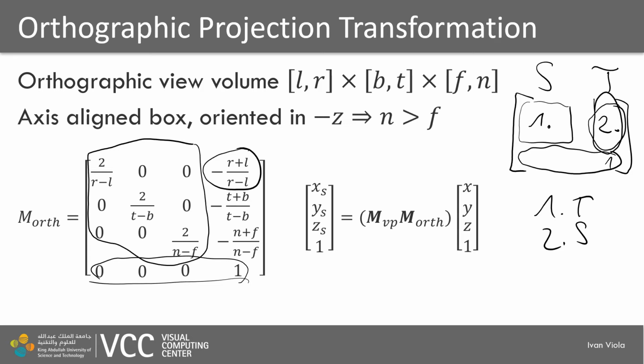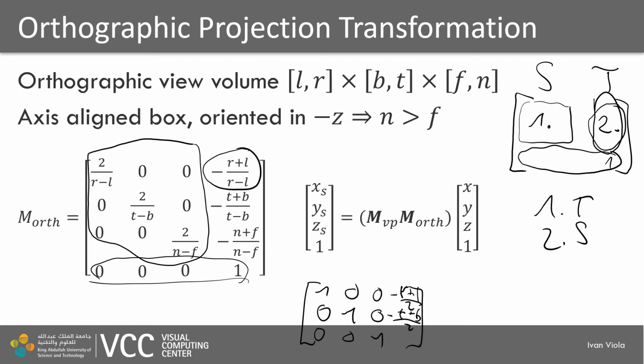If you want to calculate the factors once again, you can simply take the two matrices. This will be the translational matrix, which is 1, 0, 0, and this will be minus (R plus L) divided by 2, and 0, 1, 0, minus (T plus B) divided by 2, and 0, 0, 1.